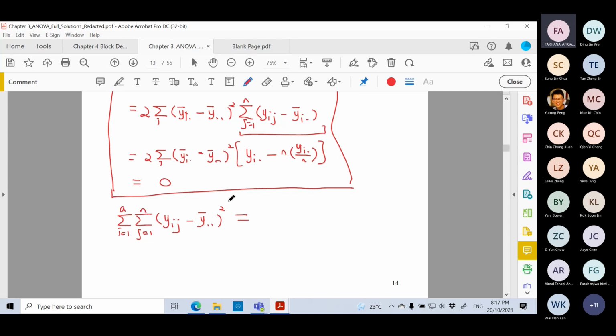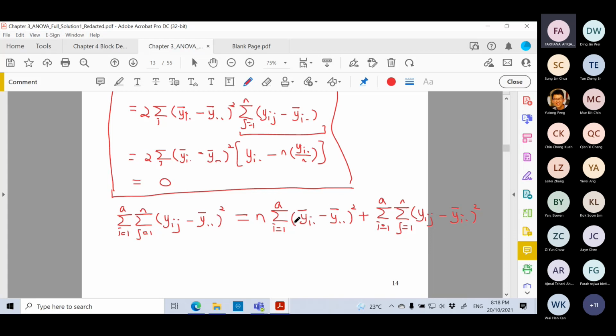This one can be written as n times the summation of the... Okay, so this one is the total variation.